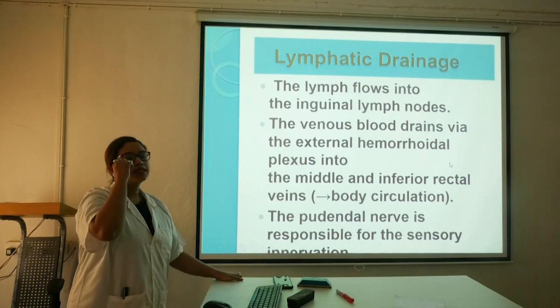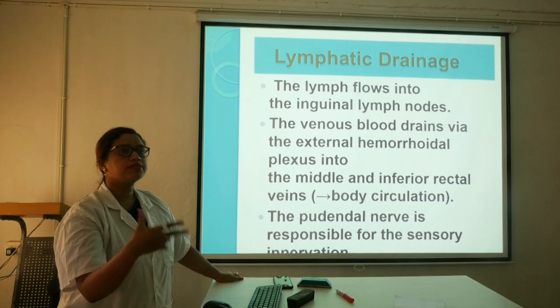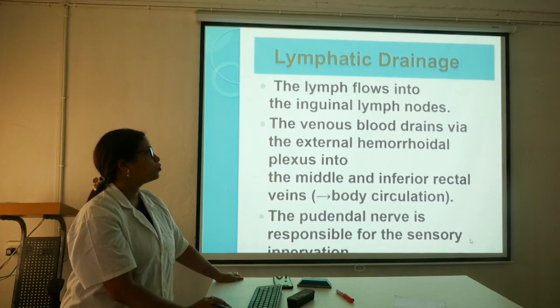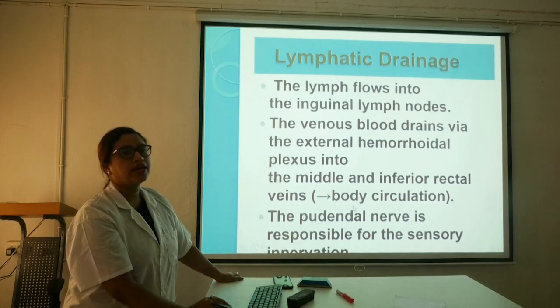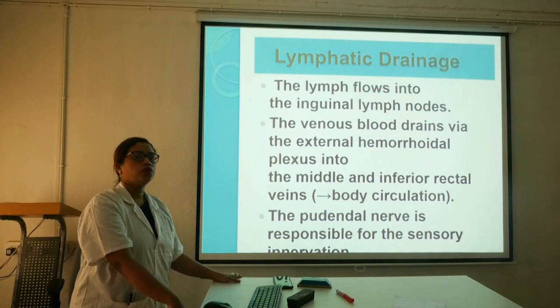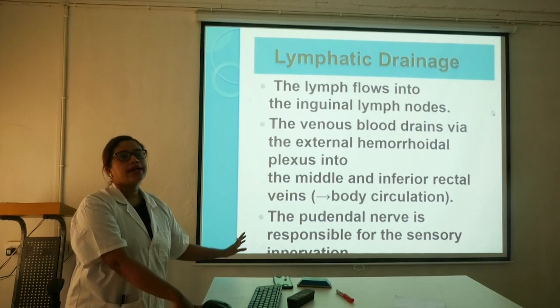So the venous blood present in the external hemorrhoidal plexus, which is producing piles, goes to the middle and inferior rectal veins. So in that way it will go to the body circulation. Okay, systemic circulation.